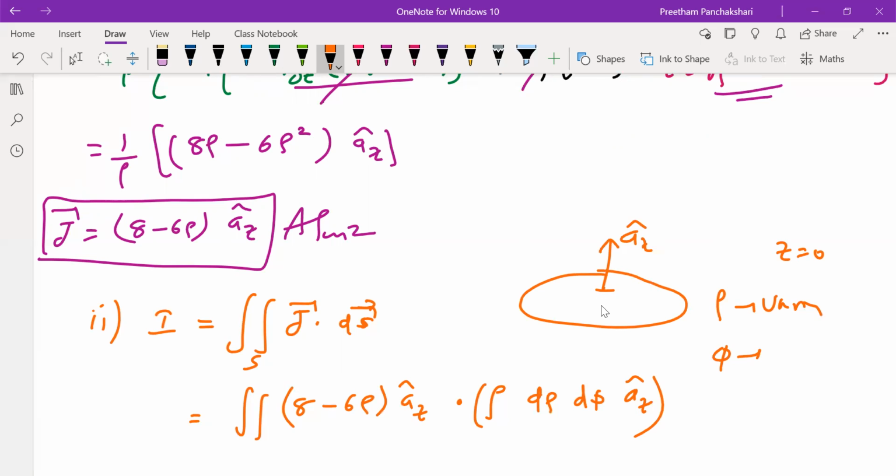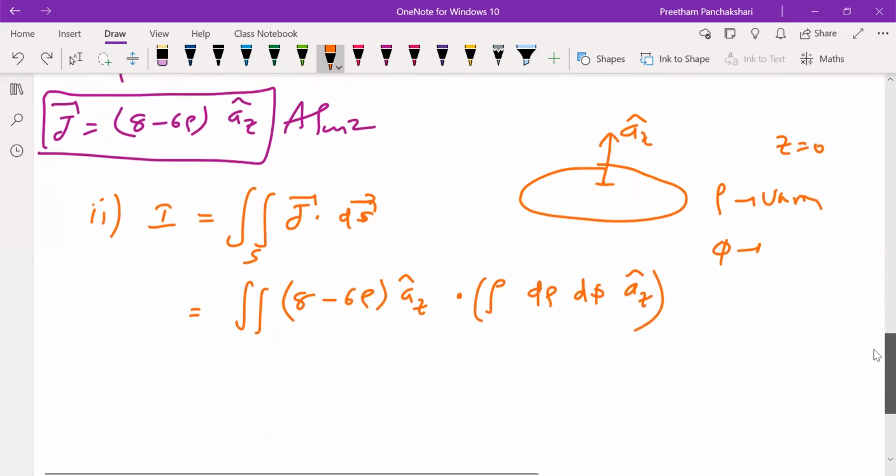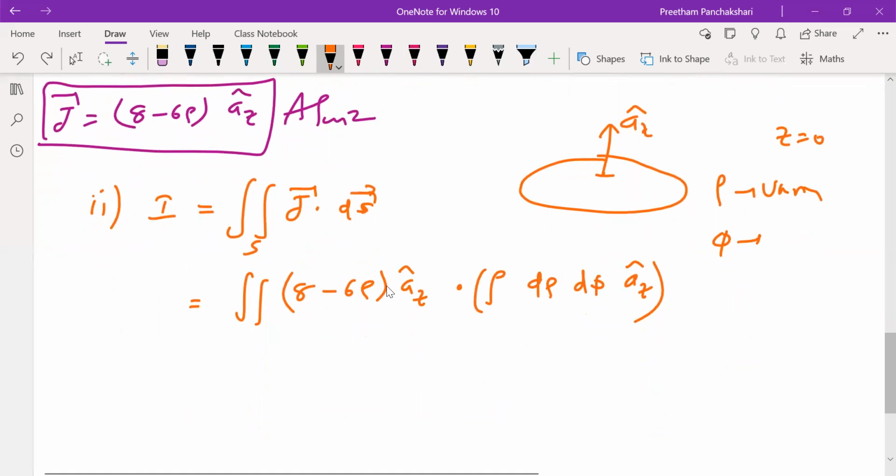In the cylindrical coordinate system, the surface perpendicular to the z-axis is always a circle. So this surface is defined by radius varying from 0 to 1 and angle 0 to 2 pi. So rho varies, phi varies, and rho is already there. These kinds of equations are already discussed in the introductory chapter of vector algebra.